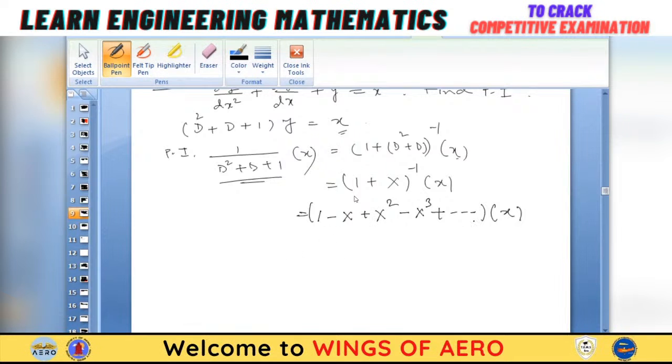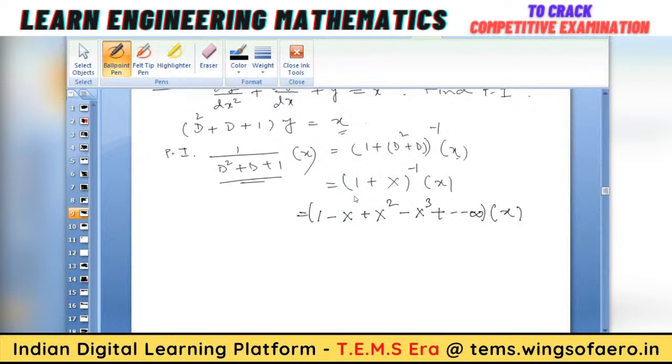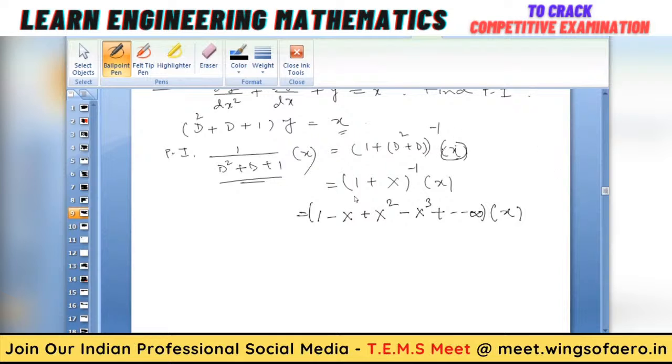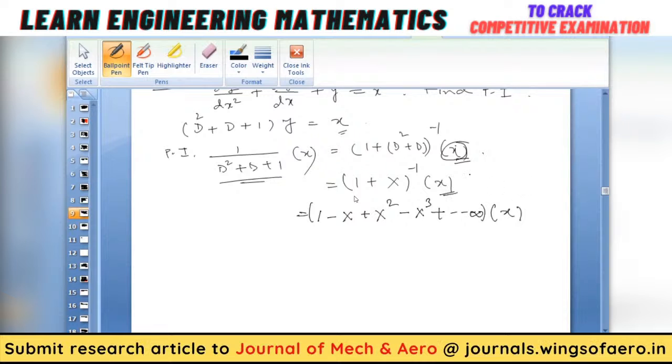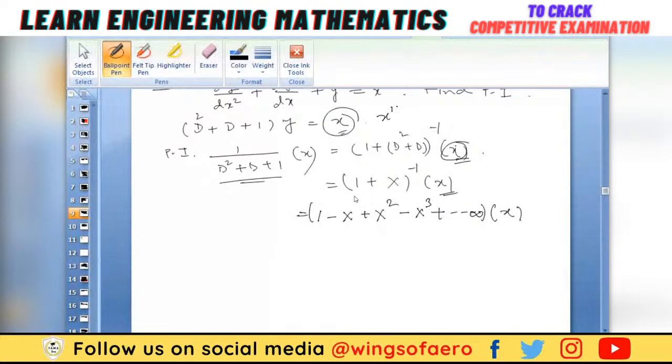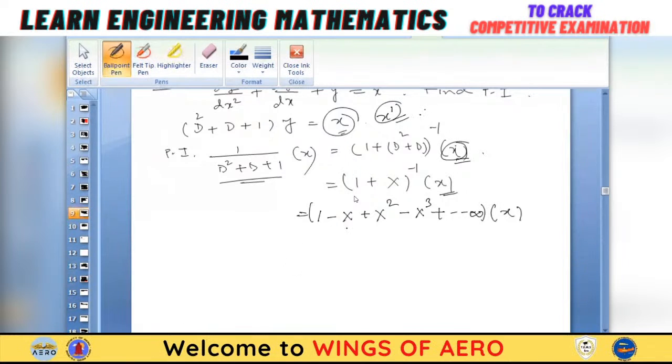Now this is an infinite series, it goes to infinity. So how many terms should you consider here? This depends on the highest power of the right hand side function. What is the highest power? It is x to the power 1, so you should take only the power 1 term.